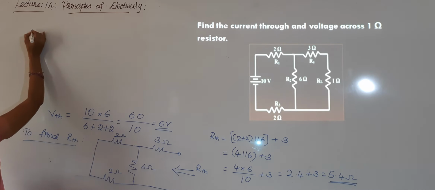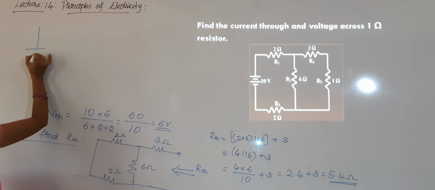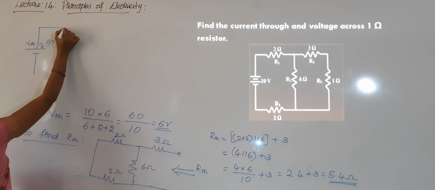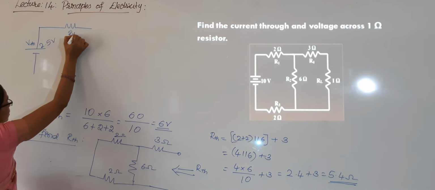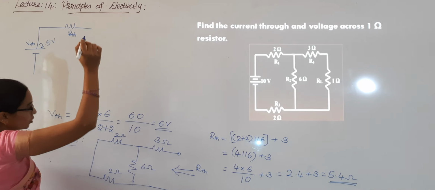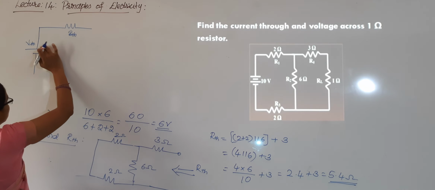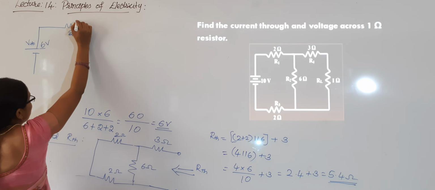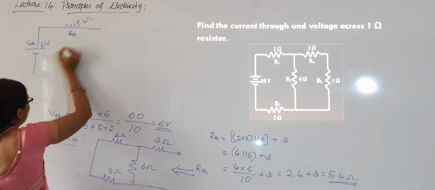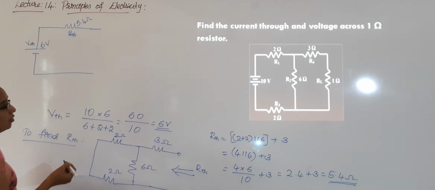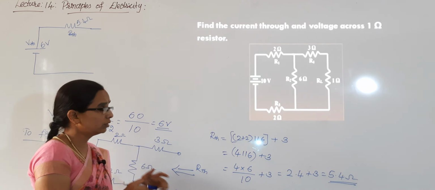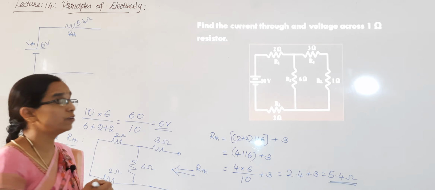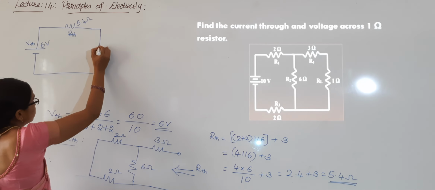Thevenin's equivalent circuit will be drawn, which is having the single voltage source VTH of 6 volt and the series resistor RTH of 5.4 ohm. And in the final step, we have to include the resistance which was removed in the first step, that is 1 ohm.